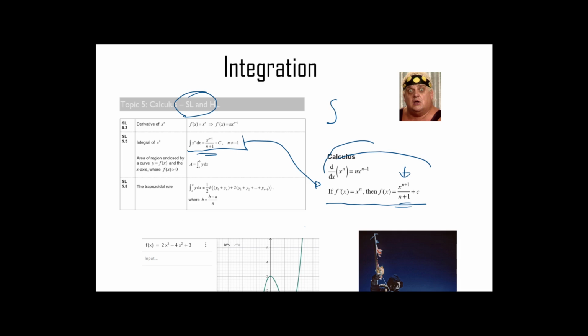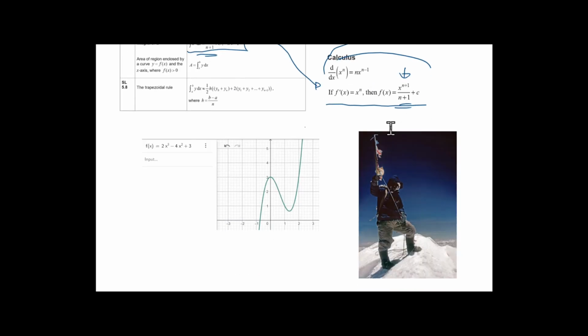So what is integration? Well, let's say we have a graph. So we've got a graph here, and I want to know the gradient when x equals 2. So there's x equals 2 there. So I want to know how steep that tangent there is. What am I going to do? Well, I've got f of x.